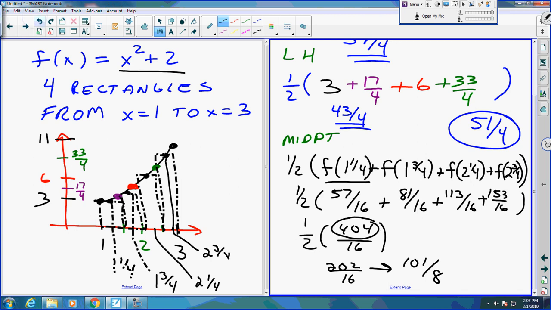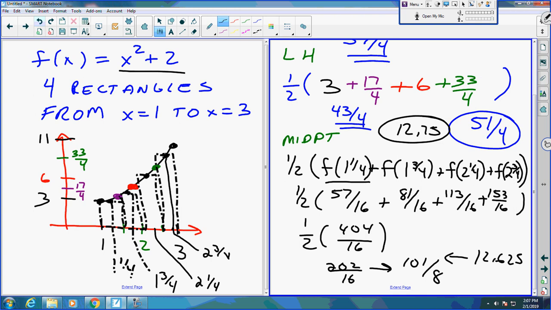I did a little simplification there instead of multiplying. 51/4 guys, is 12.75 for a decimal. 101 over 8 is 12.625 as a decimal. Often, the left hand and the right hand can be a pretty good instrument, and I think they're much easier to do than the midpoint.